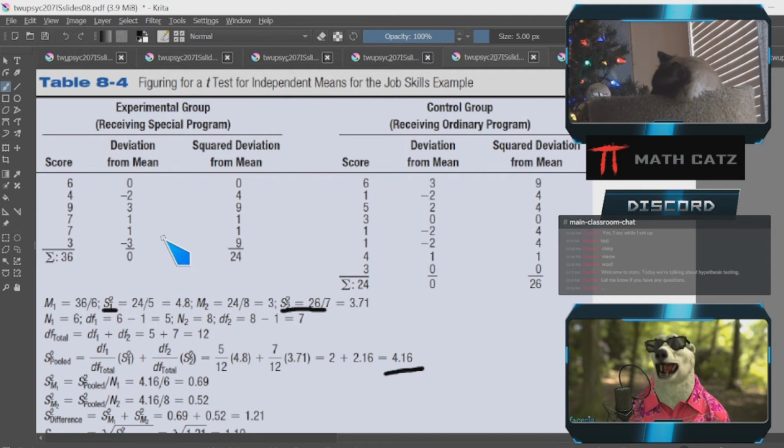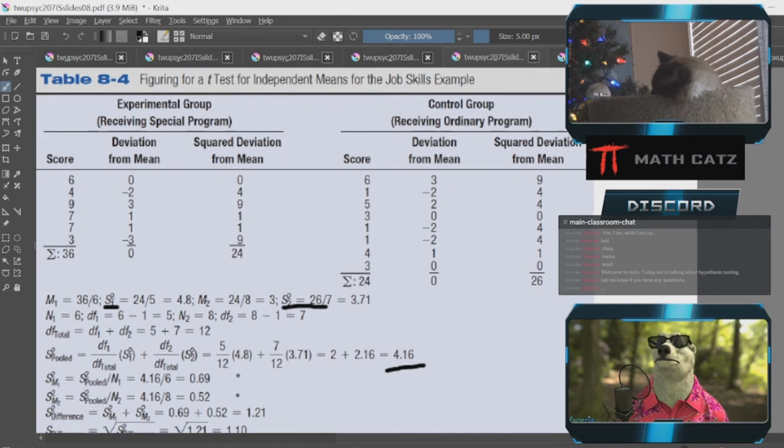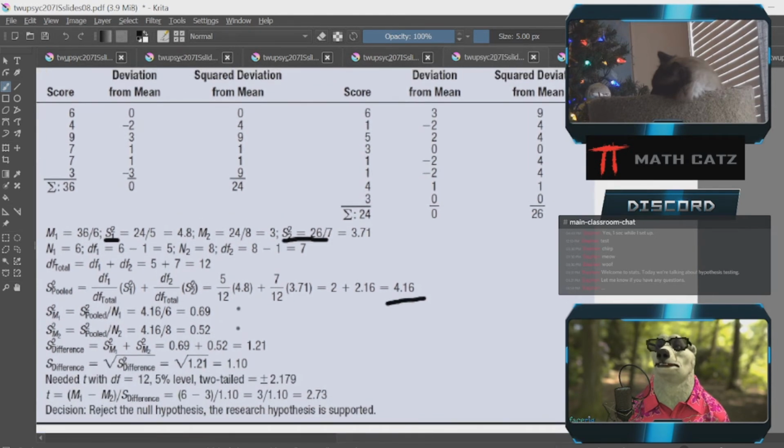Then we go back to the individual groups and get their variances for the distribution of means for each one, number 1 and number 2. Then lastly, well, almost lastly, we merge these 2 together for our comparison distribution of the differences between means, where we just add them up.